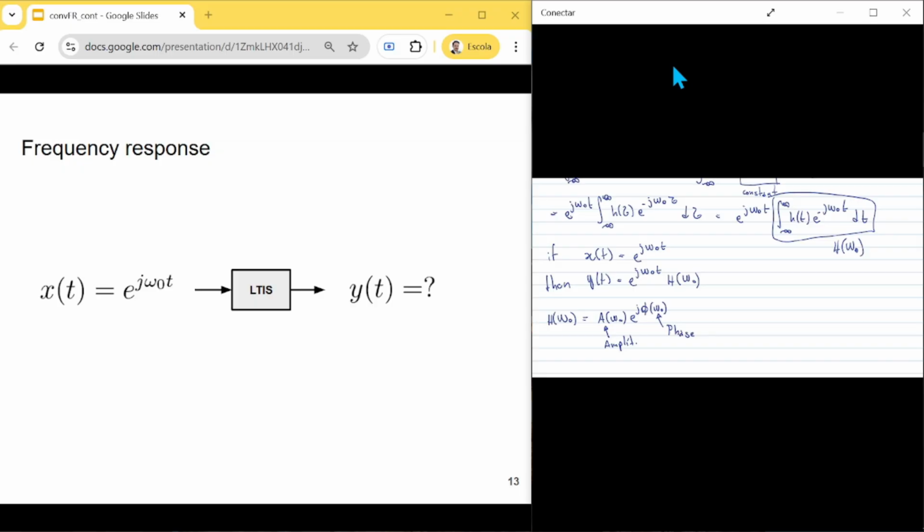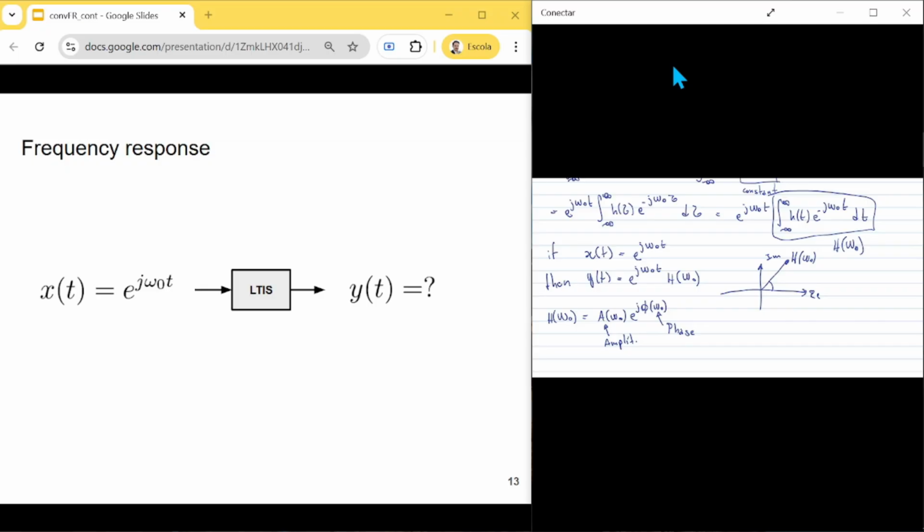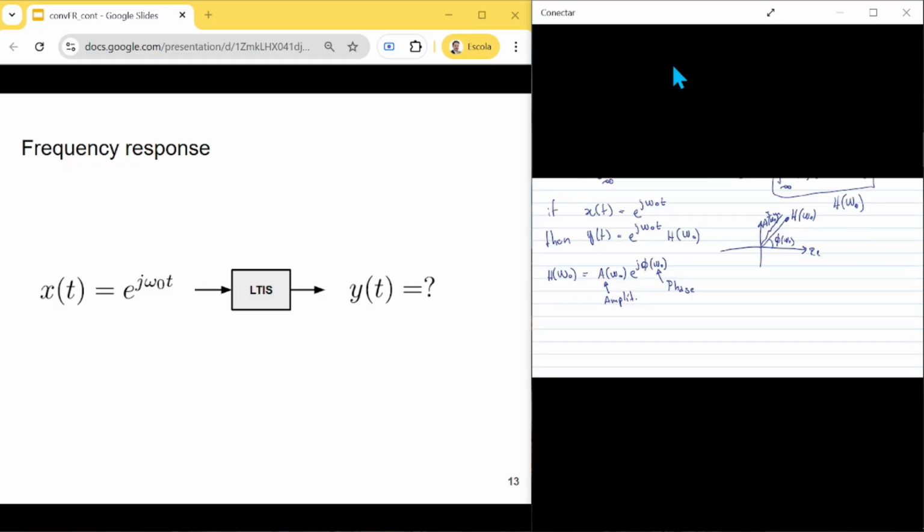So H of omega 0 can be visualized in the complex plane, real and imaginary. Let's say it is somewhere here, H of omega 0. So it has phase phi of omega 0, and it has amplitude A of omega 0. Okay, so it will just distort the exponential. The frequency of the exponential will be the same.